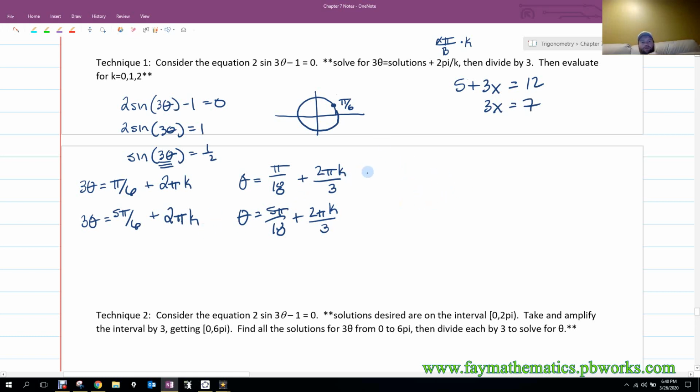So now we allow our k to be what we call our index or our counting tool here, because right now those are only solutions between 0 and basically 2 pi over 3. We want to go all the way around to 2 pi. So we're going to let k equal 0, then we'll let k equal 1, and then we'll let k equal 2.